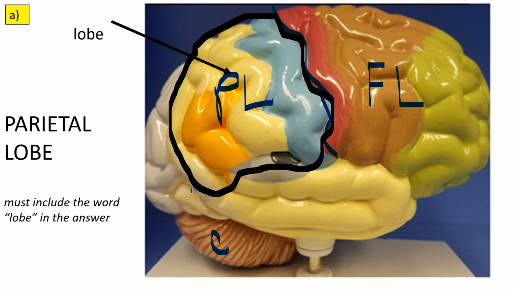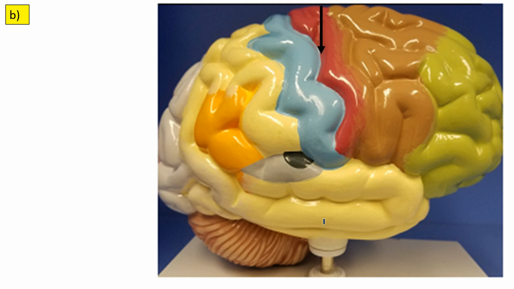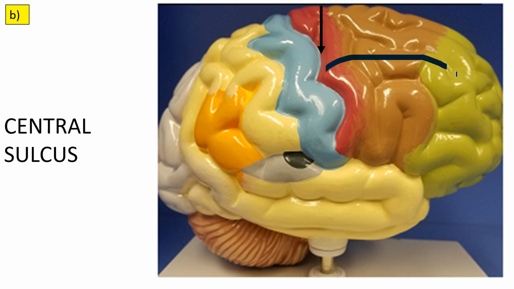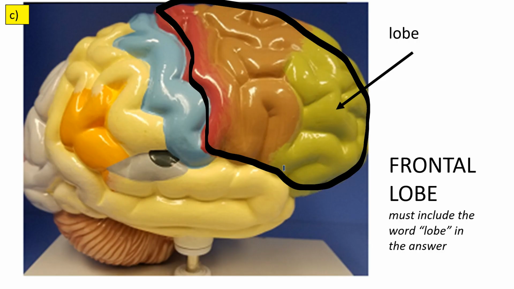The part that differentiates the parietal lobe from the frontal lobe is everything blue, yellow, and orange. That's all parietal lobe. Everything red, brown, and green, that's all frontal lobe, because the dividing line, that central sulcus, is right there. So again, this sulcus that's deeper than some of the other ones separates your frontal lobe from your parietal lobe. That is your central sulcus.